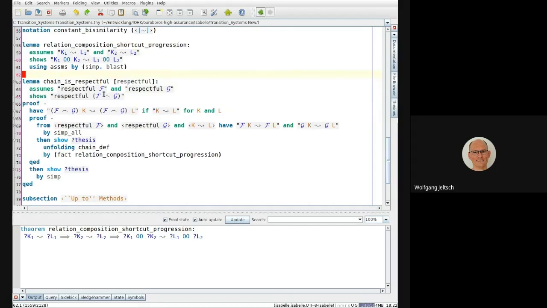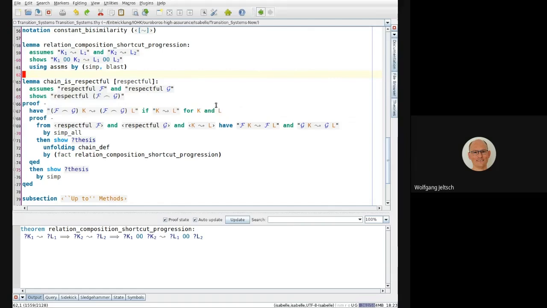And from this, it follows then that respectfulness is preserved by chaining. So given that F and G are respectful, the chaining, the pointwise relation composition, is respectful. And we first state what it internally means, so to say. So this is, again, this outer syntax for some Isabelle pure logic, this core logic statement.